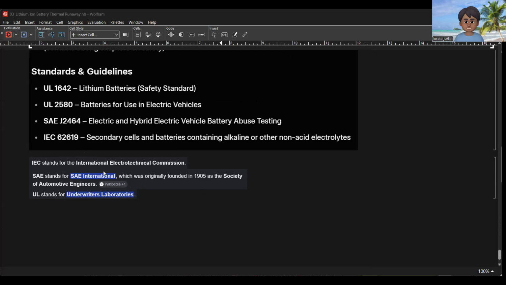IEC means International Electrotechnical Commission. SAE stands for Society of Automotive Engineers. And UL stands for Underwriters Laboratories.